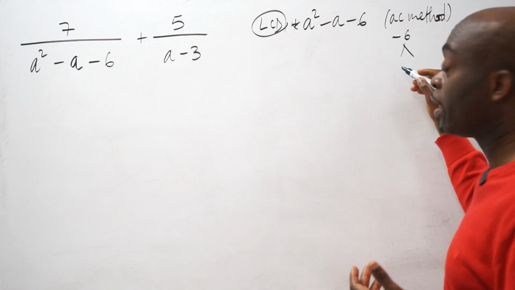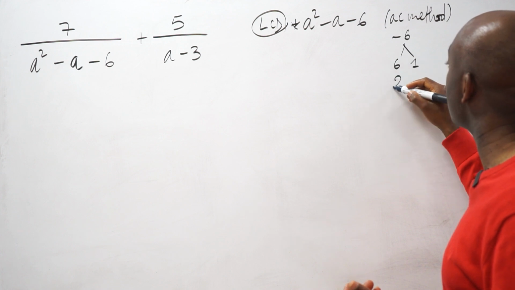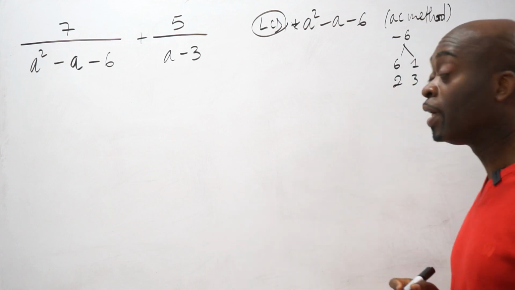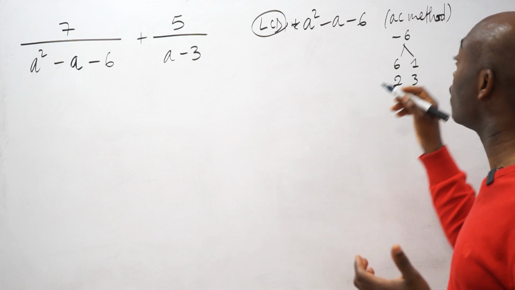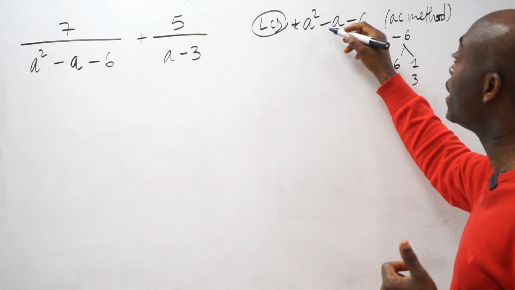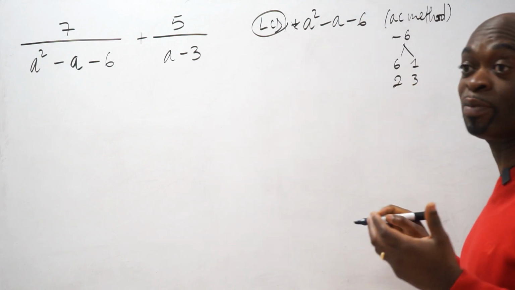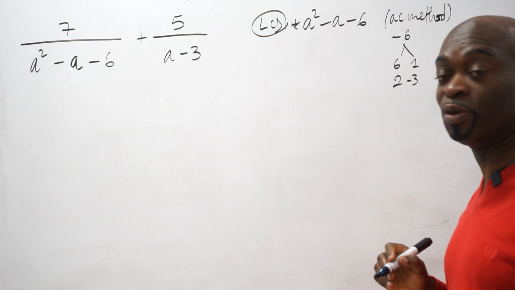Of course, the factors of 6 are going to be 6 and 1, or 2 and 3, for example. Which ones can we multiply to give -6 and add up to give -1? When you look at it well, that would be -3 and +2. Why?